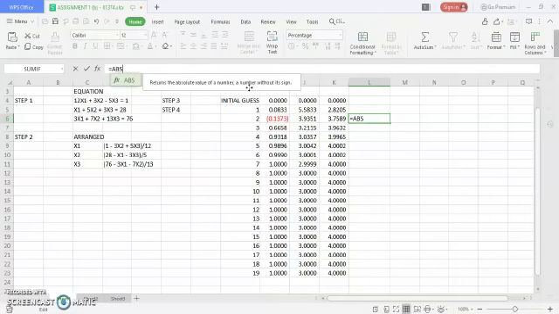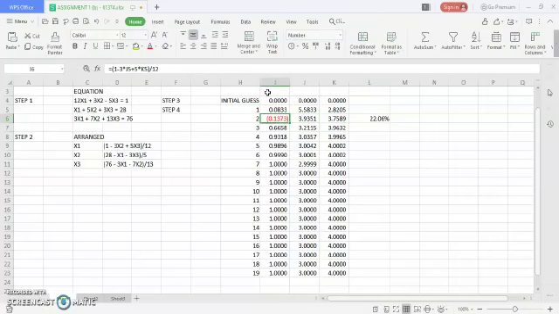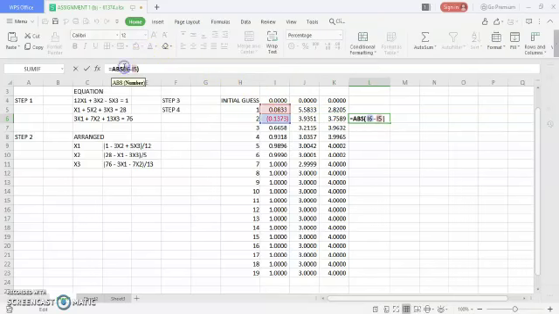Absolute bracket, we take the new x1 minus the old x1, close bracket. We have to put another bracket here. Divide by the new x1, and then click this one.